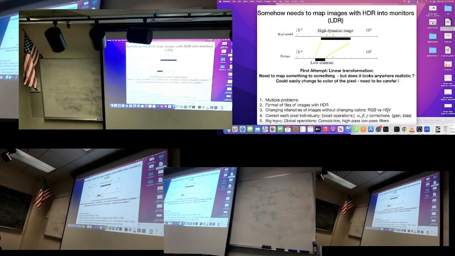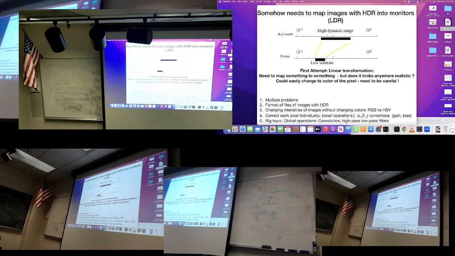I'll briefly mention HSV, very, very briefly. I'll talk about ways to correct the image: alpha correction, beta correction, gamma correction. These are all local operations.